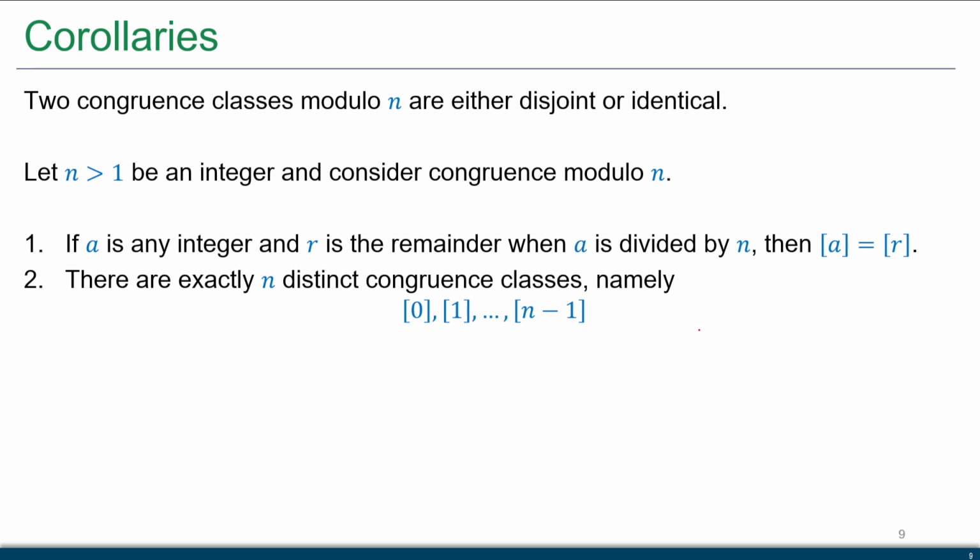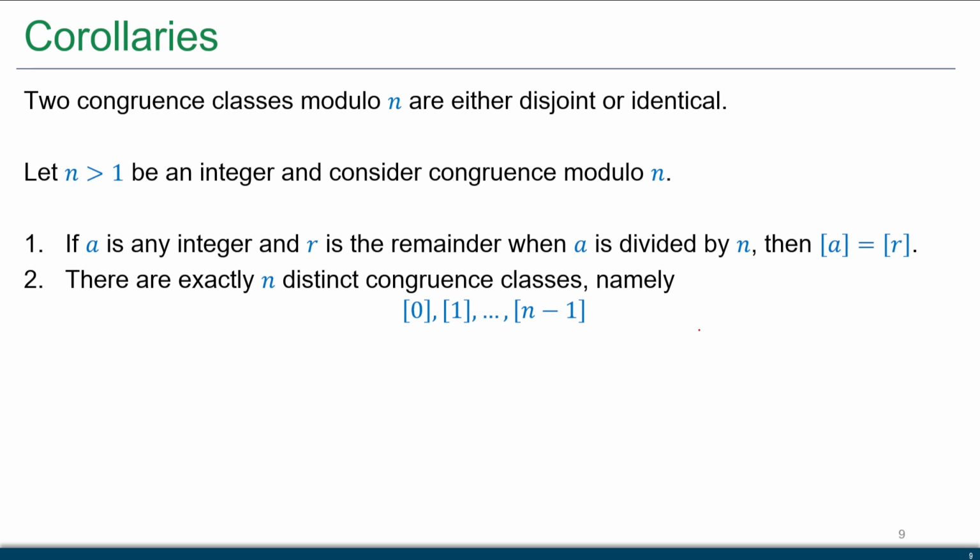We saw from the proof itself that if I have an element inside of one, it has to be an element inside of the other, and vice versa. One can't have an element in one and not in the other. So either the two sets are exactly the same, containing exactly the same elements, or they have no elements in common. Thus they are disjoint, or they are identical.